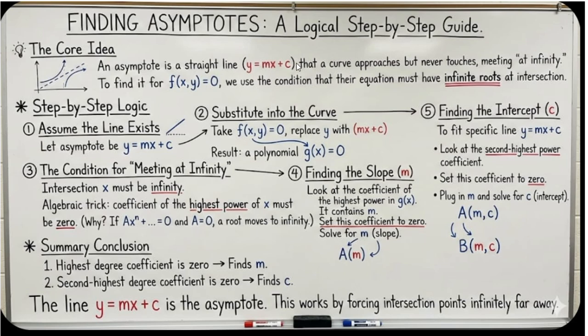If you find m and c, then you can say that this should be y is equal to mx plus c. In order to make it an asymptote, these are the values of m and c. Then finally, by putting the values of m and c in the equation, you can find the asymptote. This is how you can find it. Thank you.